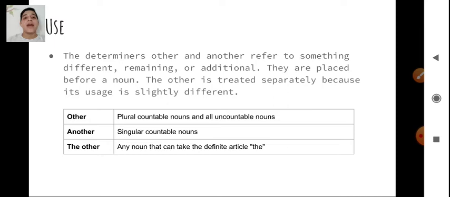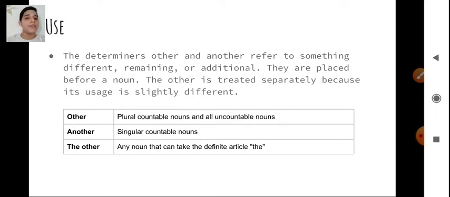The determiners other and another refer to something different, remaining, or additional. They are placed before a noun. And the other is treated separately because its usage is slightly different.